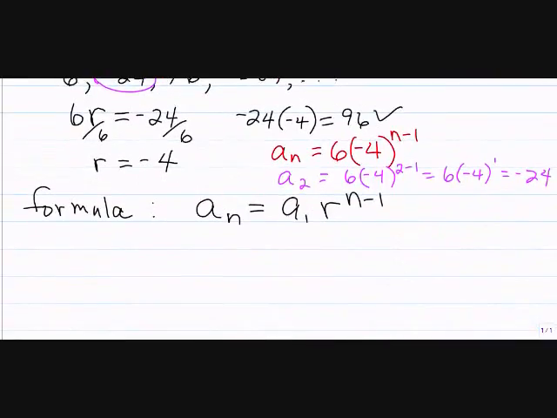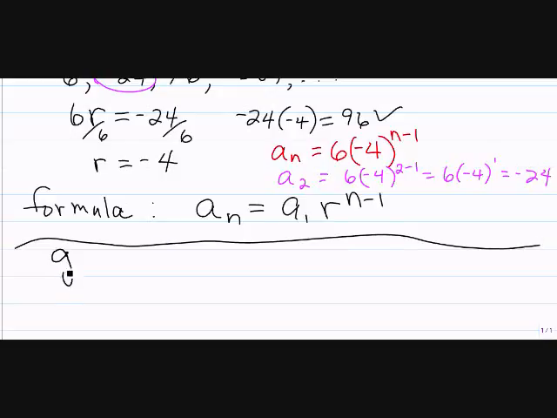Okay. Now, just like we did arithmetic mean, we're going to do geometric mean. So the geometric mean of any two numbers, let's say x and y, is the square root of x times y.